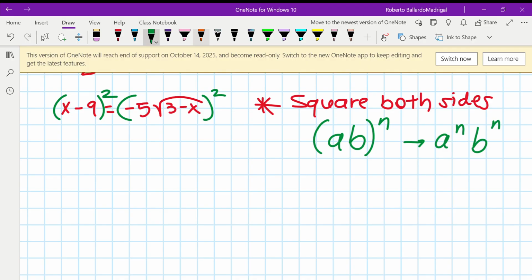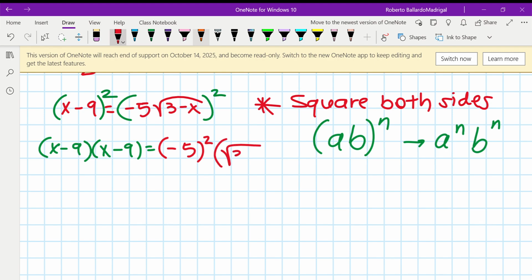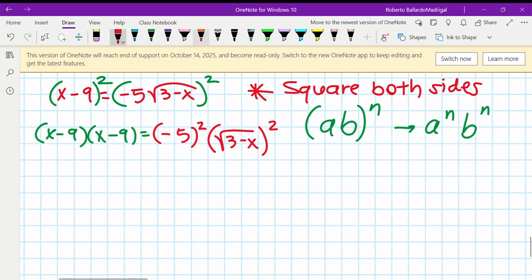So we'll have (x minus 9) times (x minus 9). But on the right side, we're going to use that property. So negative 5 squared, I'm going to rewrite as negative 5 squared times radical 3 minus x squared. This is where that property comes into play.